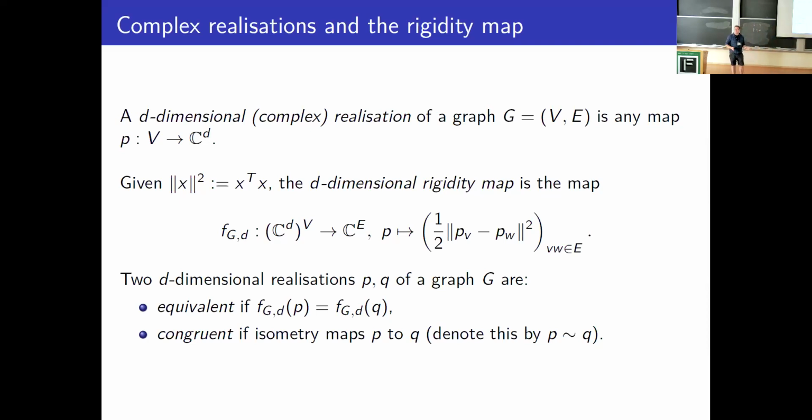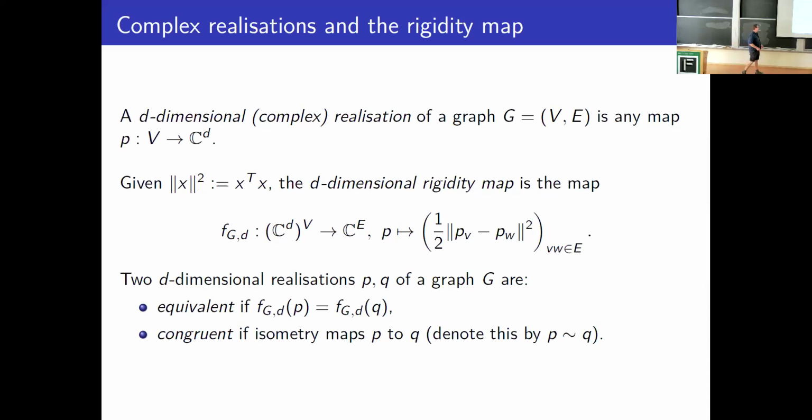So you end up with some weird stuff going on. For instance, in the quadratic form, your unit ball, for lack of a better word, is no longer compact, so that can make some weird stuff happen, but it's a nice way of extending the problem to the complex numbers and keeping everything nice and algebraic, so you can still use all your lovely algebraic geometry. So that's just the setup of the map.